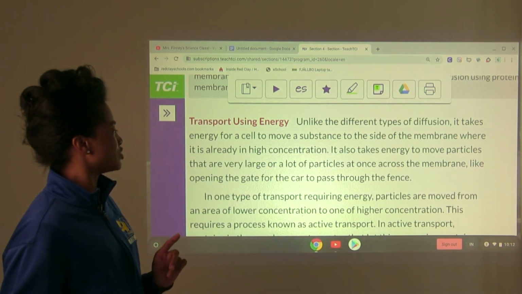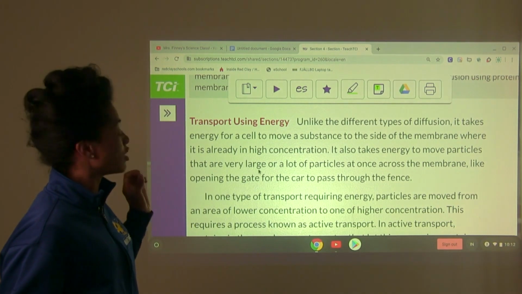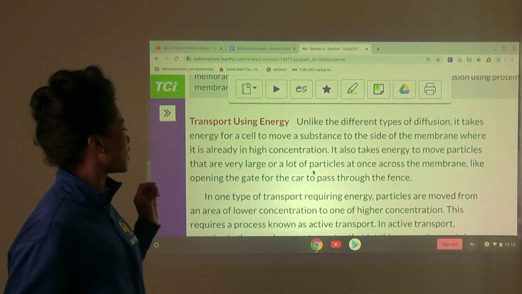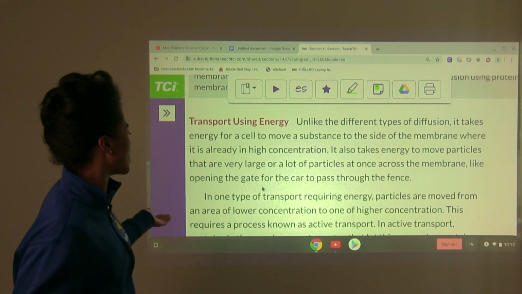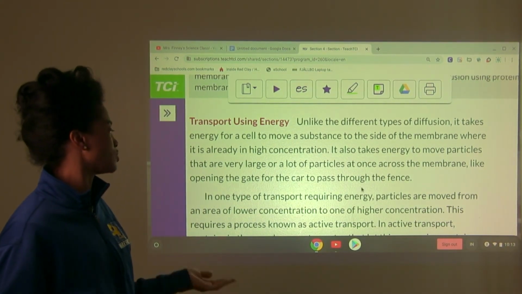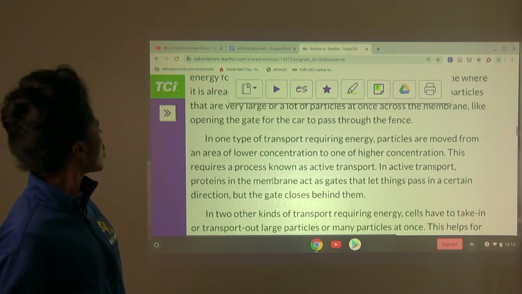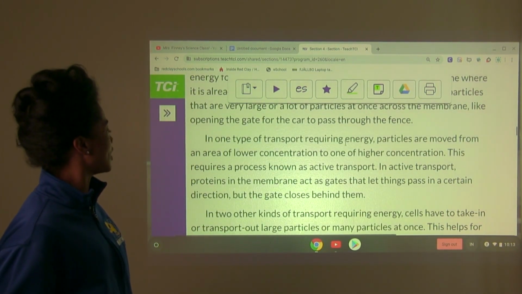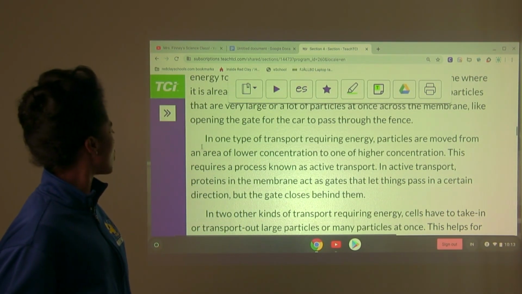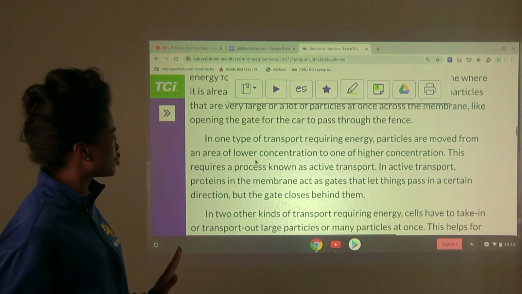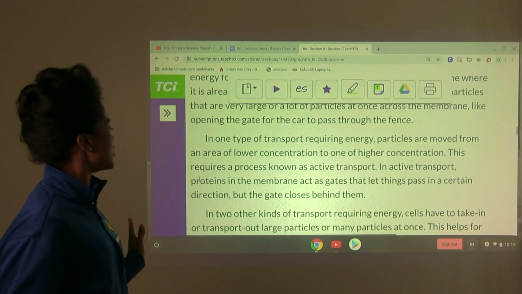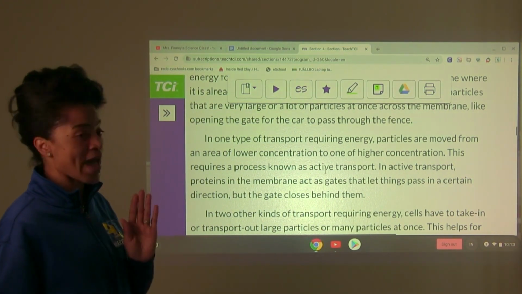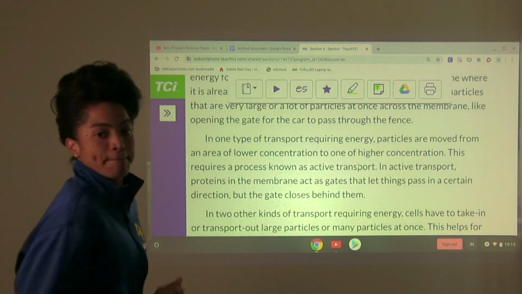It also takes energy to move particles that are very large or a lot of particles at once across the membrane, like opening the gate for the car to pass through the fence. So in one type of transport requiring energy, particles are moved from an area of lower concentration to one of higher concentration. This requires a process known as active transport.